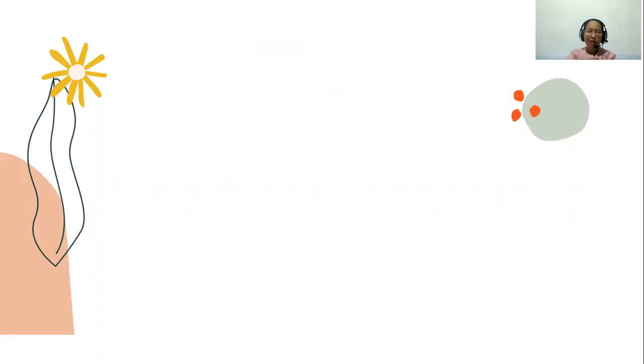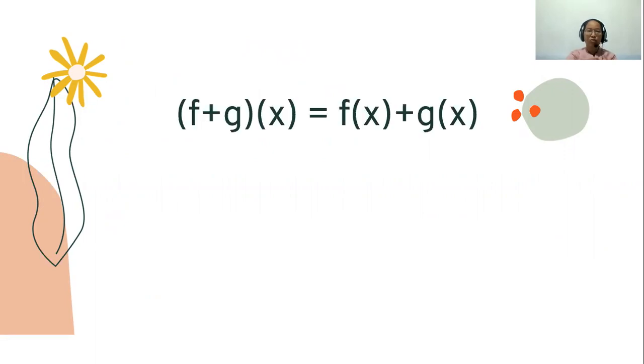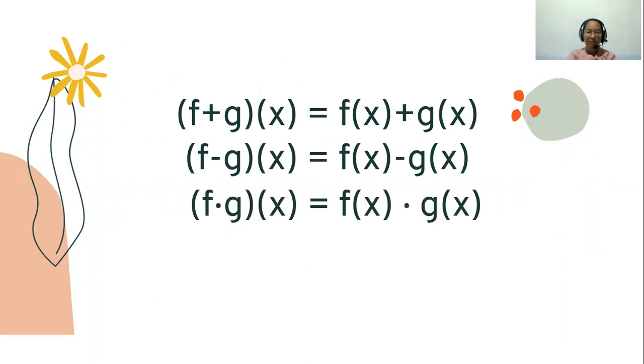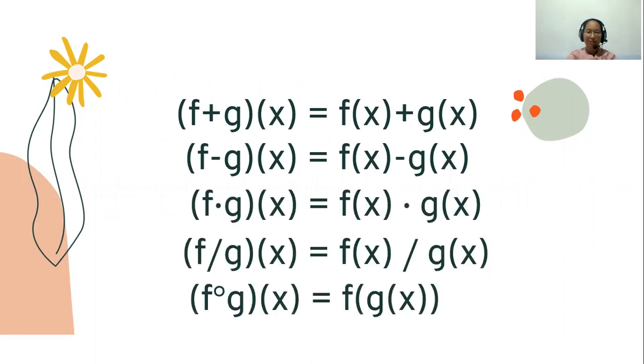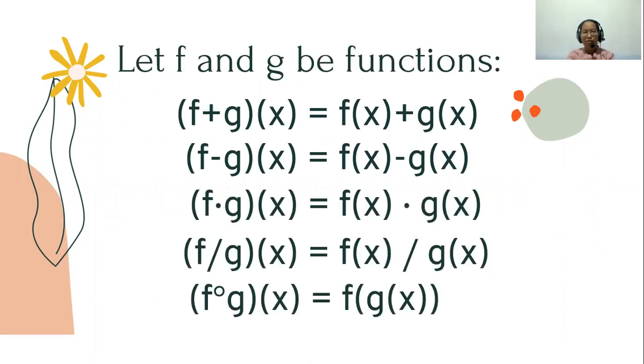So let us first define the operations on functions. Let f and g be functions. Then (f + g)(x) is equal to f(x) + g(x).